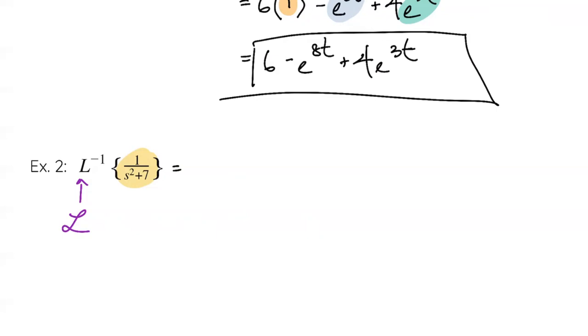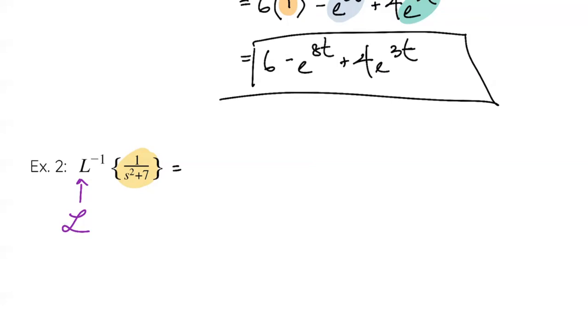And in order to use this rule, we need to make sure that our numerator here is actually the square root of that a squared term, right? As it stands right now, that's not the case. And so sometimes we'll find that we need to do a little bit of algebraic manipulation to make it in the form that we want, all right?